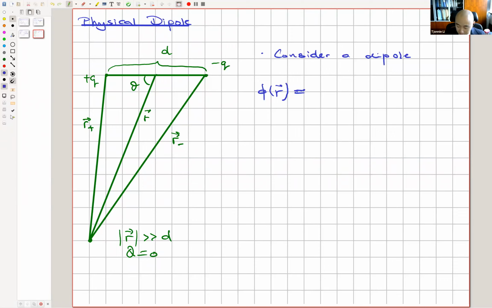Again, here, Alex is right in saying that the potential is simply K_E Q over R plus. Okay. And make the notation as crisp as possible, like this. Basically, the distance from the positive Q, which is R plus, and then the distance from the negative Q, which is R minus.